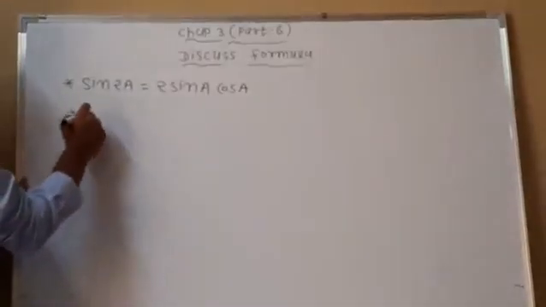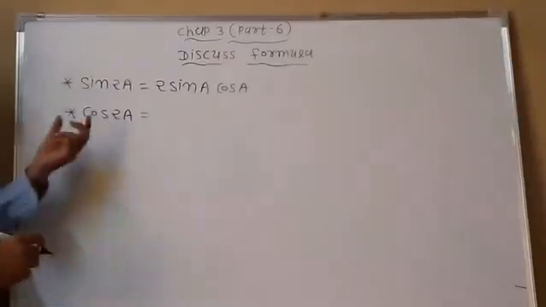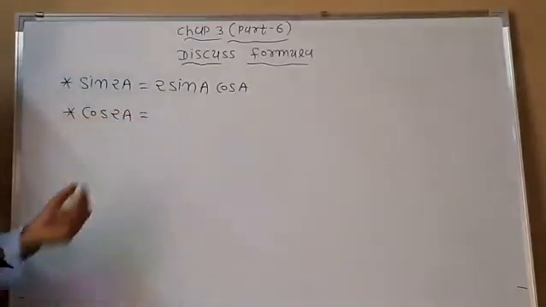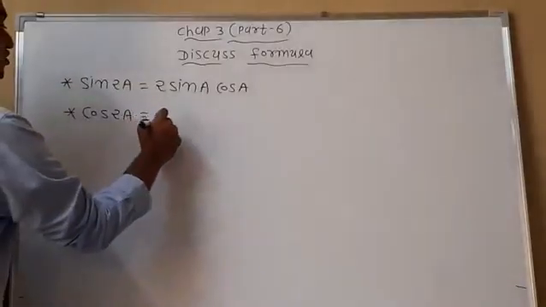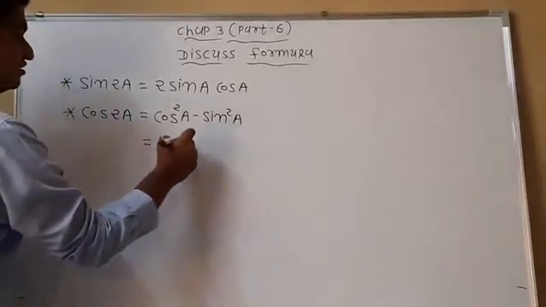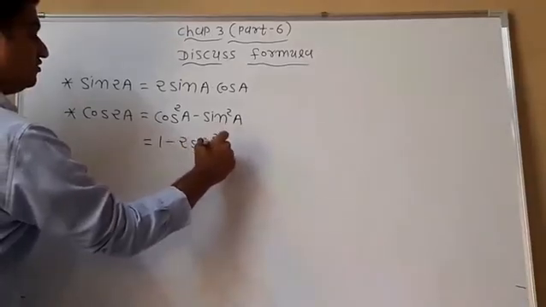Second formula, cos 2a. Here three formulas are present for cos 2a. One formula is cos square a minus sin square a. Second formula, 1 minus 2 times sin square a.